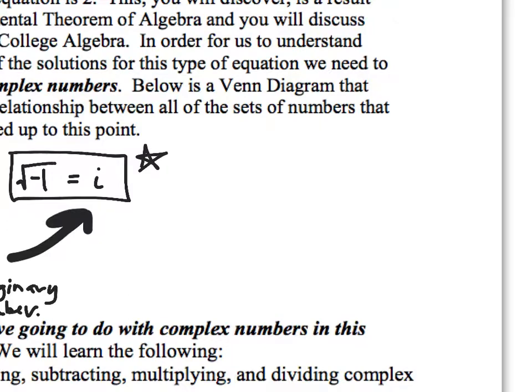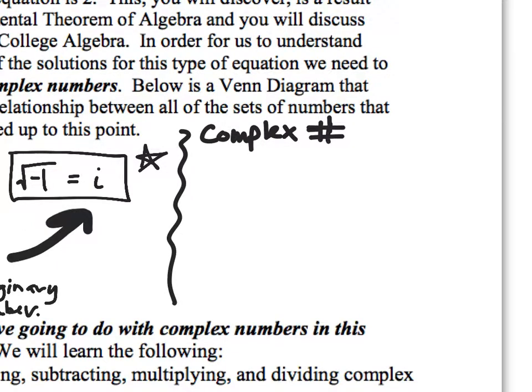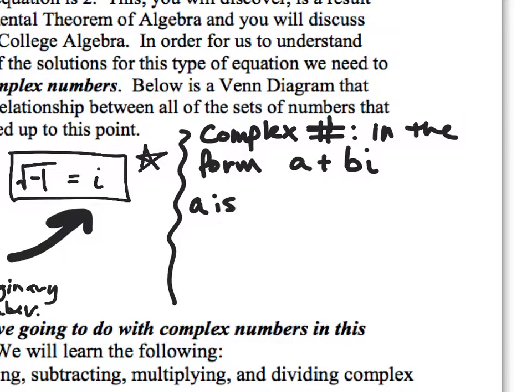So a complex number, let's write this over here. A complex number, and I use the pound sign or the hashtag symbol to say number, is in the form a plus bi, where a is a real number and b is imaginary.